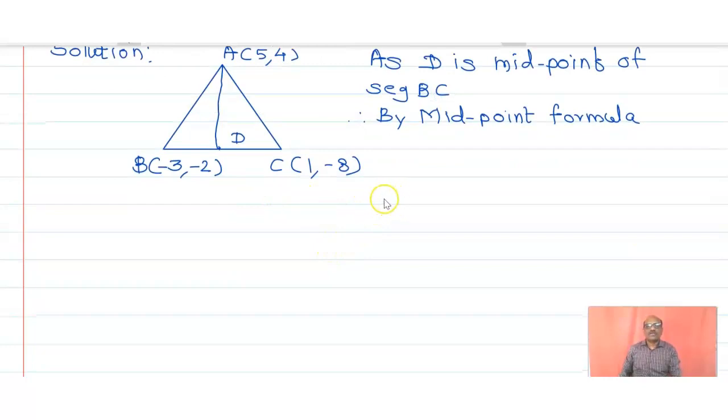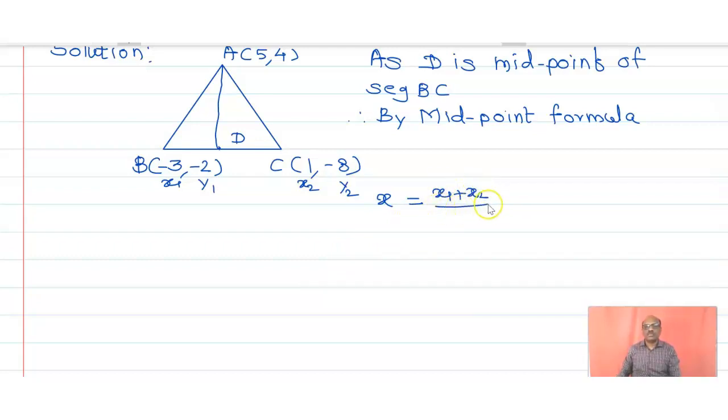The x is equal to, suppose this is the x1 and y1 and x2 and y2. Therefore, x is equal to x1 plus x2 upon 2. y is equal to y1 plus y2 upon 2. Now substitute the values.